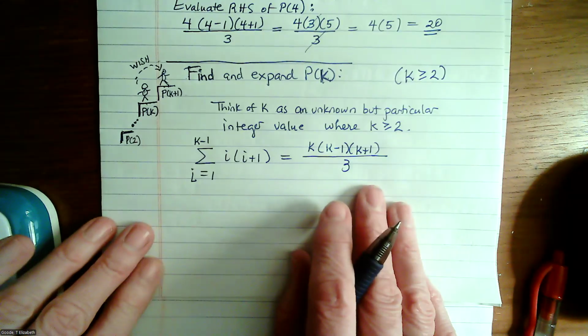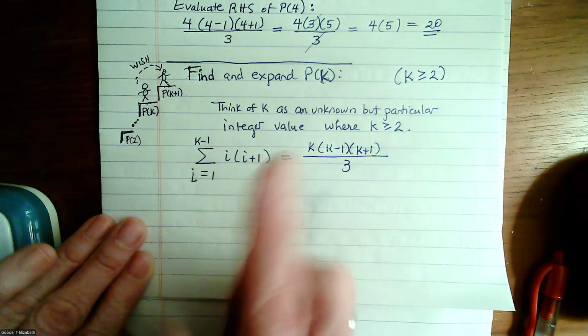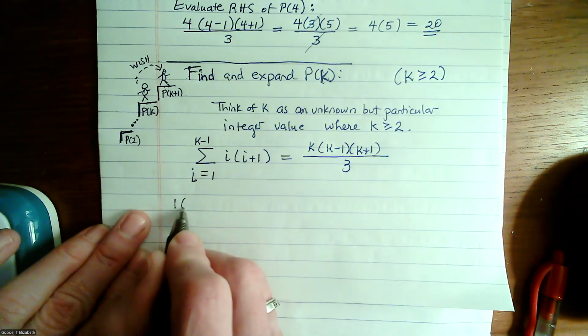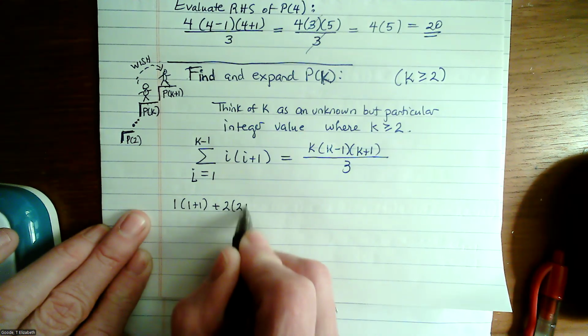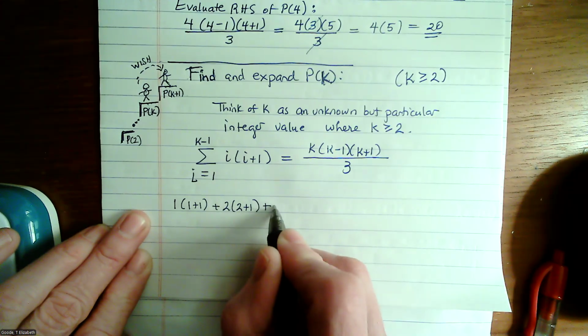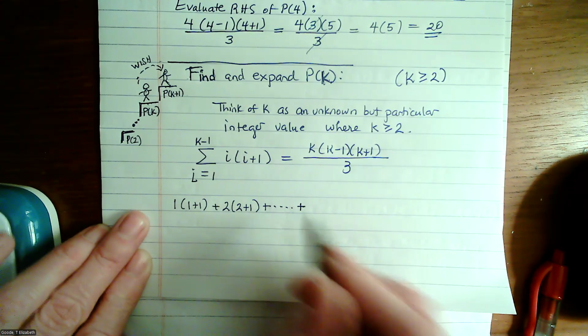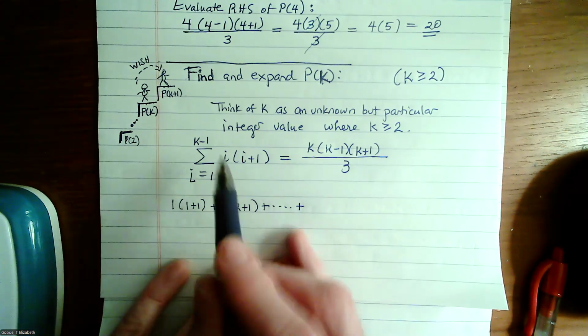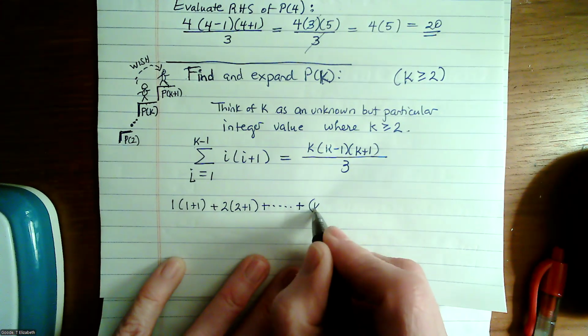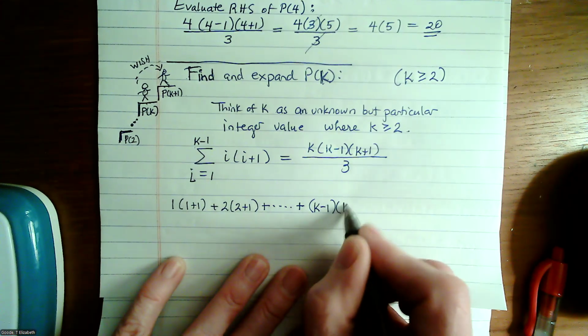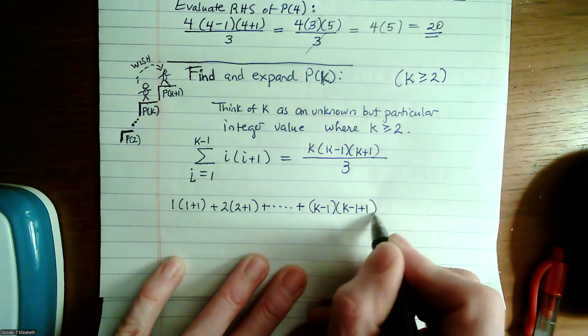So if we're going to expand this left-hand side, it's 1 times 1 plus 1, plus 2 times 2 plus 1, plus keep on going to the top value, which is K minus 1. So it's K minus 1 times K minus 1 plus 1.